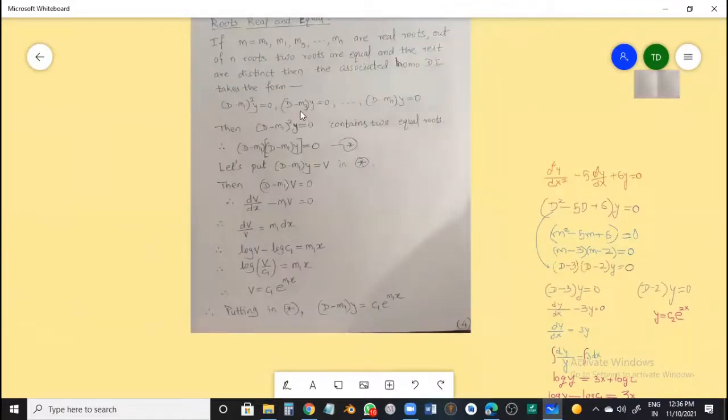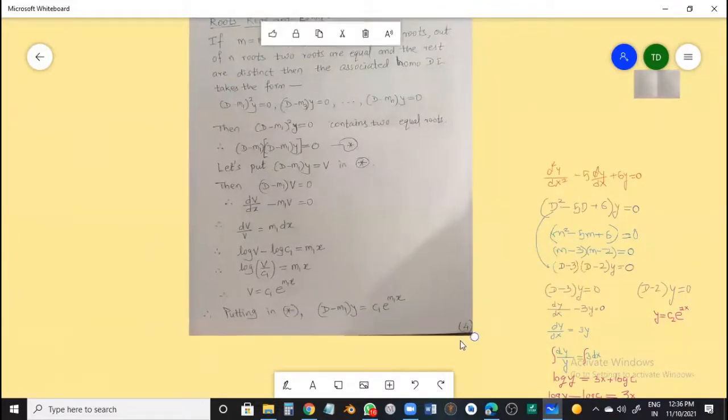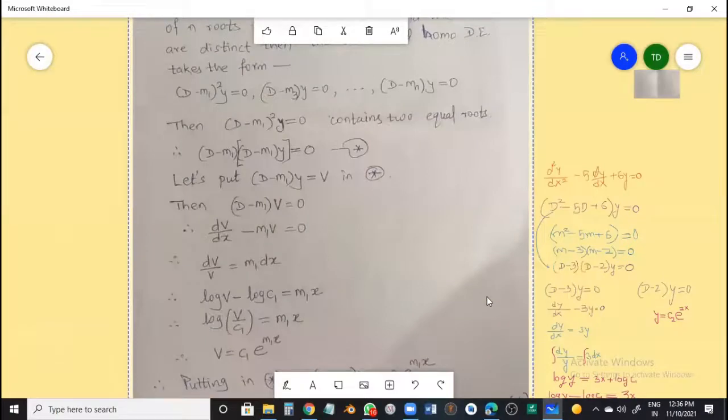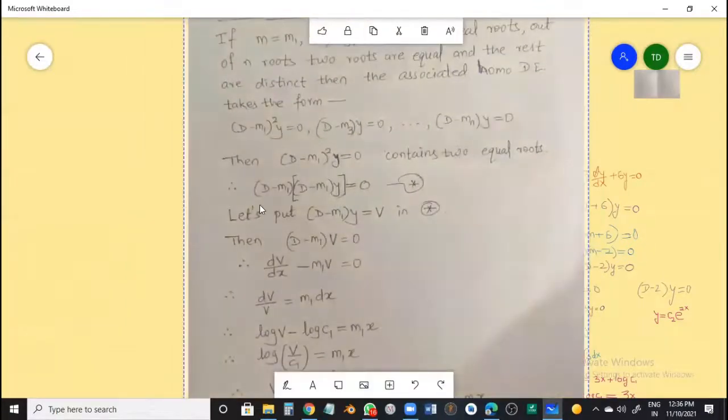Have you got this fact here? Okay. So (D minus m1) into (D minus m1). When we are writing it like this, it is just an operator operated on another operator, operated on y. Now this inner one I have bracketed as a square bracket.